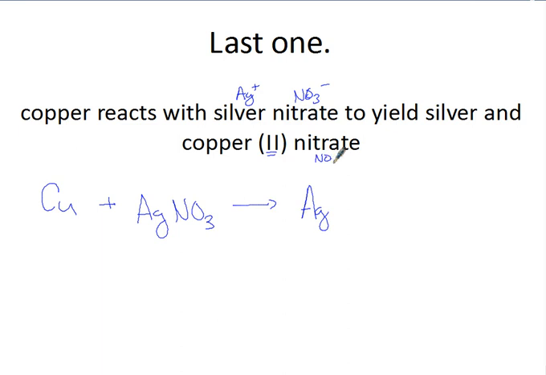Nitrate, again, NO3 minus, copper, Cu plus 2. So if I do my cross, I actually have to get copper, parentheses around my nitrate, 2. All right. Again, this is not balanced, but it is written correctly for our purposes right now.